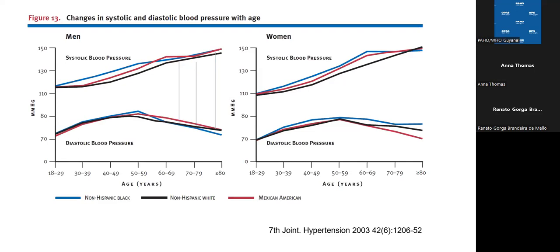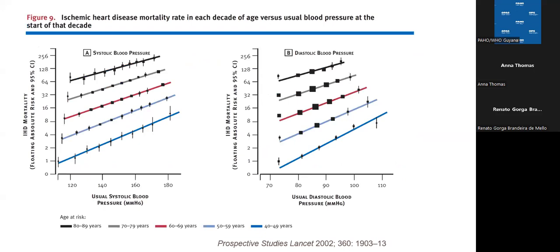And still today, some doctors are afraid of treating hypertension in older patients. This is a worldwide phenomenon that is less common today, but it still exists.